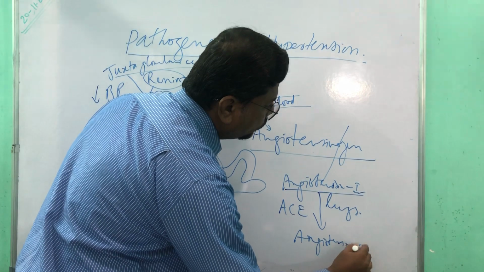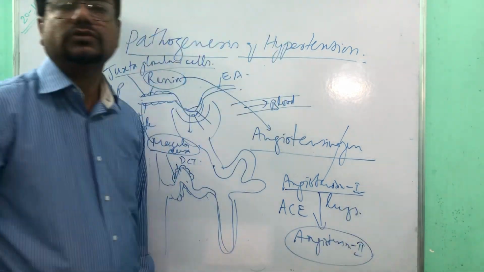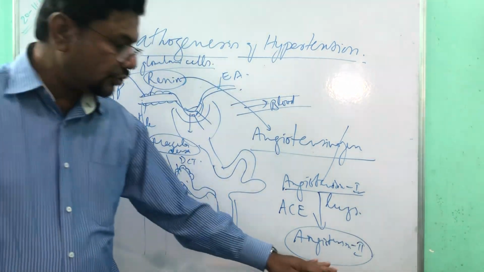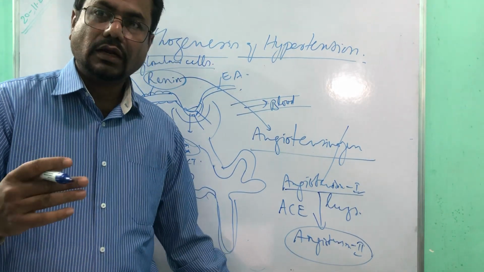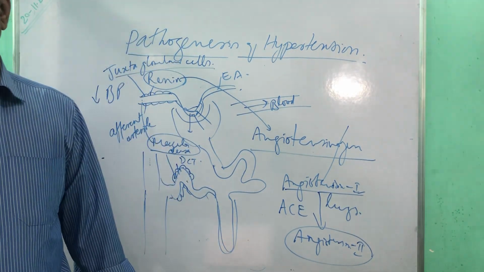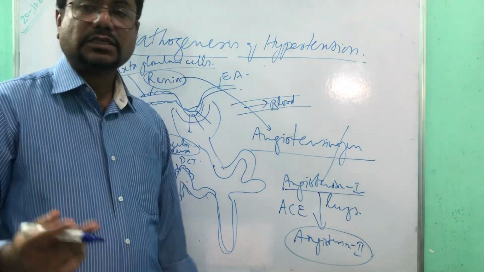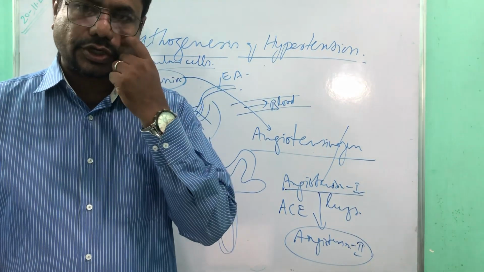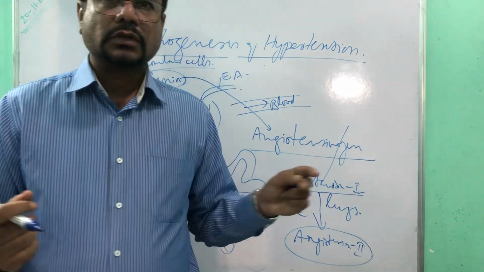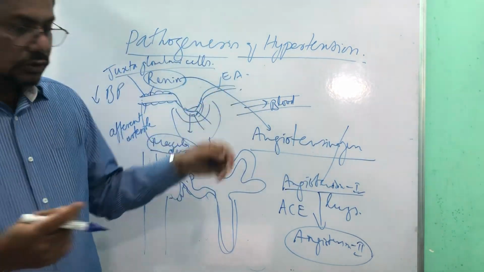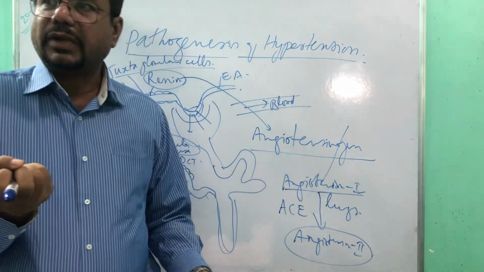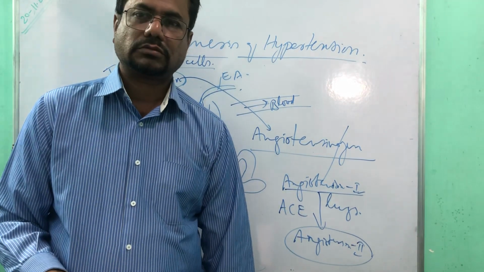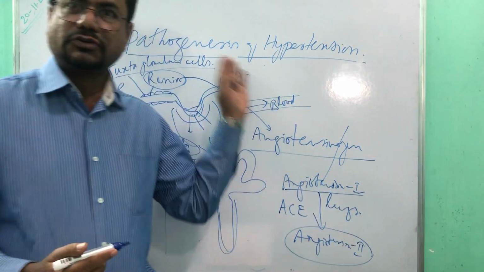What is this angiotensin 2? Angiotensin 2 will have three main effects. One is that it is a potent vasoconstrictor. Okay? Because blood pressure has decreased. Once there is constriction of the blood vessels, what happens to the blood pressure? It increases, because it was decreased.